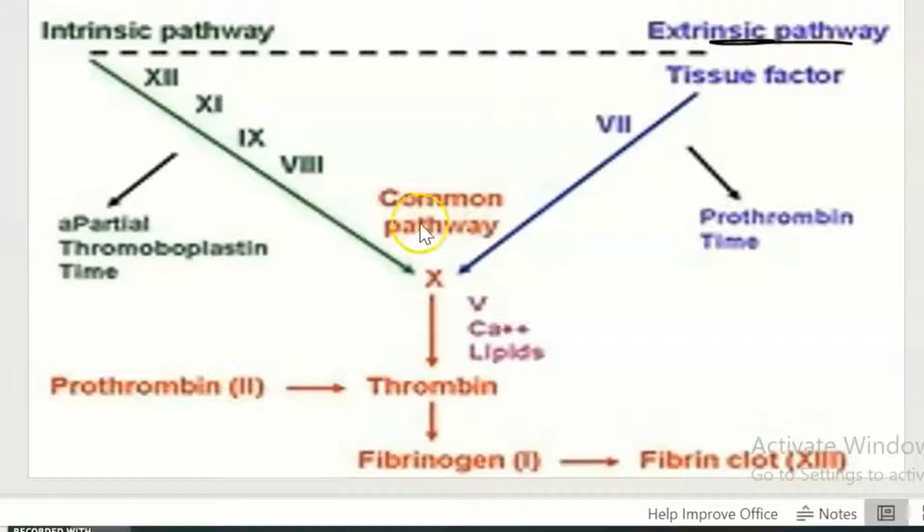In this lecture, we will only discuss the extrinsic factors or extrinsic pathway because prothrombin time is used for screening extrinsic factor deficiency. It includes factor 7, factor 10, factor 5, factor 2, factor 1.